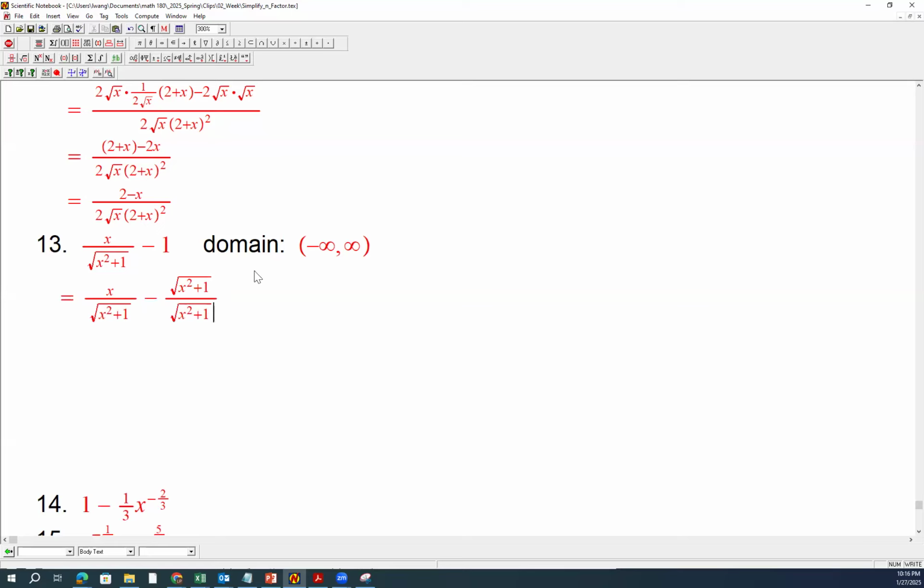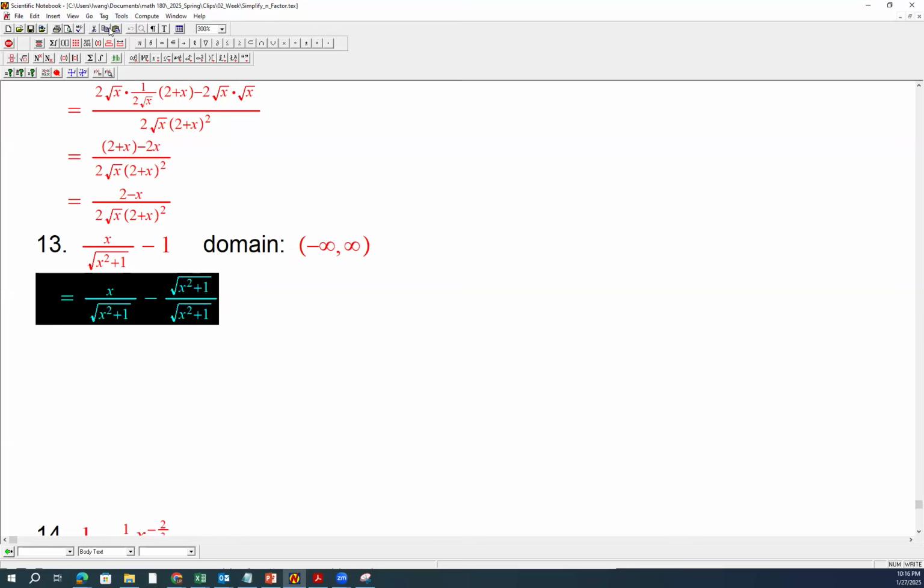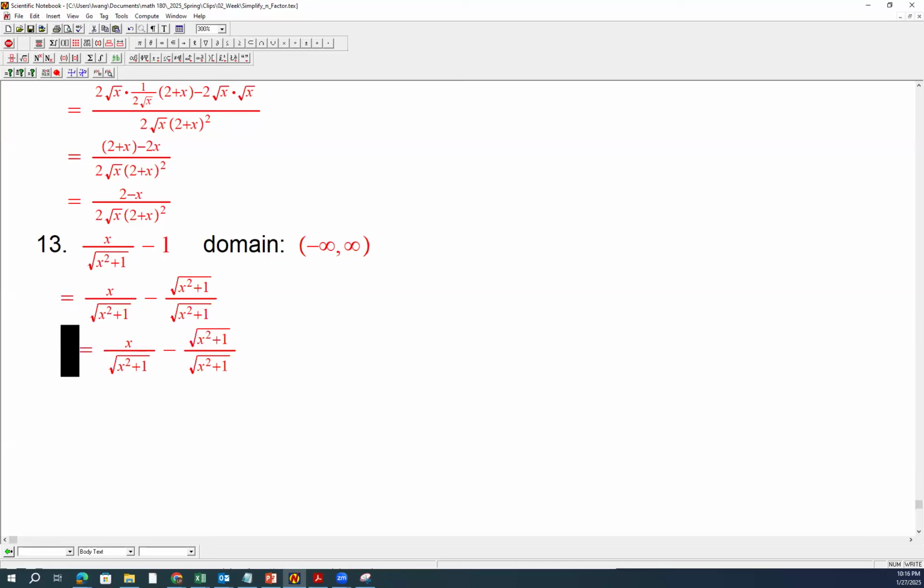Now we got the common denominator. It's going to be x minus that root x. So this part is gone. In some situations on this question, you're done.